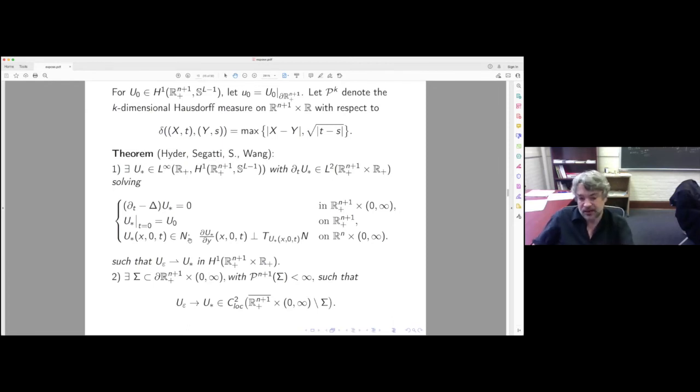I will mention that a little bit later, but if you refine your analysis properly, whenever the target is non-positively curved, then sigma is actually empty. There is no singular set.